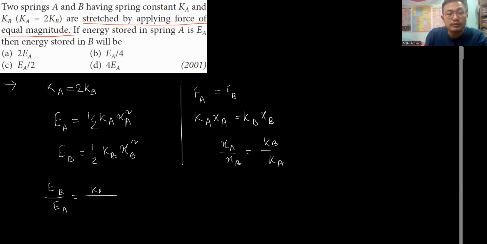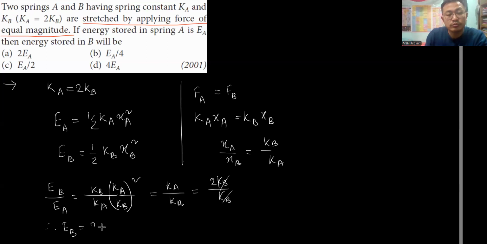Since Ka is 2 times Kb, 2 times Kb by Kb gives 2. Therefore Eb is equal to 2 times Ea. So 2 times Ea is the right answer.